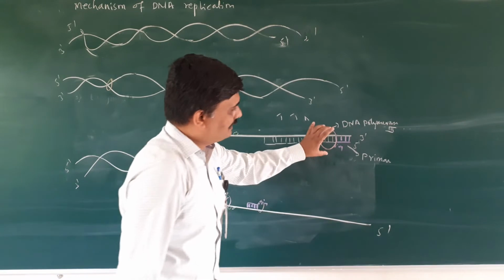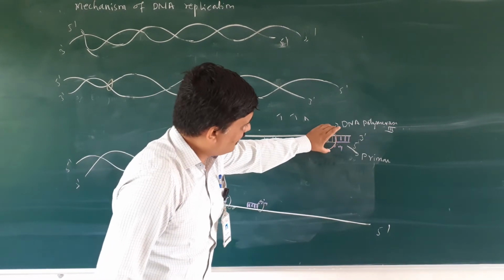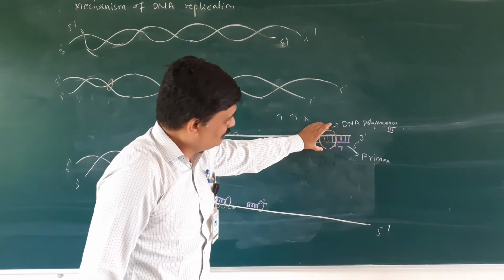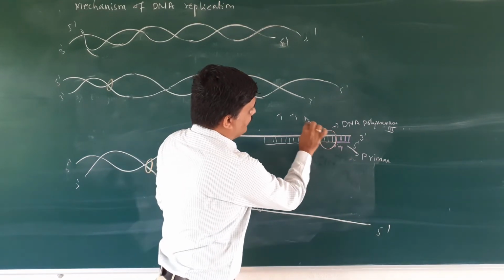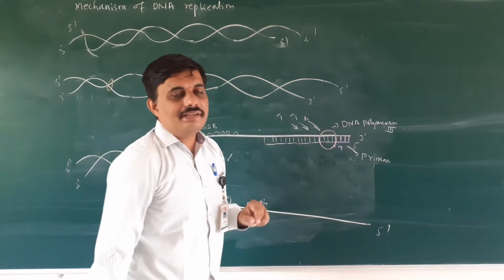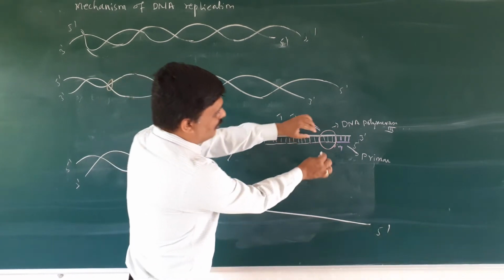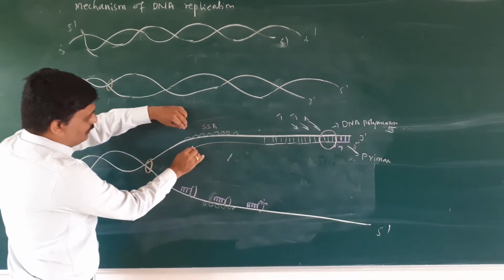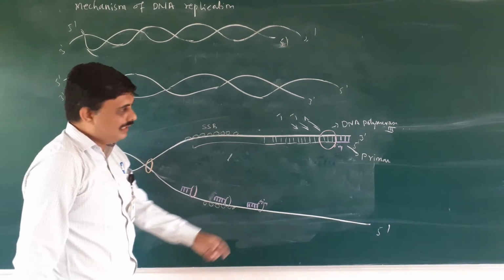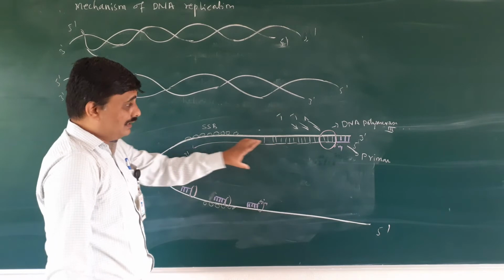So DNA polymerase 3 comes and attaches to the short RNA primers and starts synthesizing the new strand of DNA by adding incoming deoxyribonucleotides to the complementary base pairs, so that this chain continues. The DNA synthesis in the 5 prime to 3 prime direction is continuous.